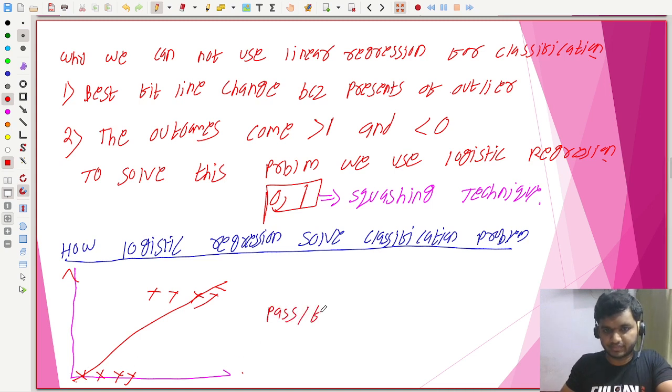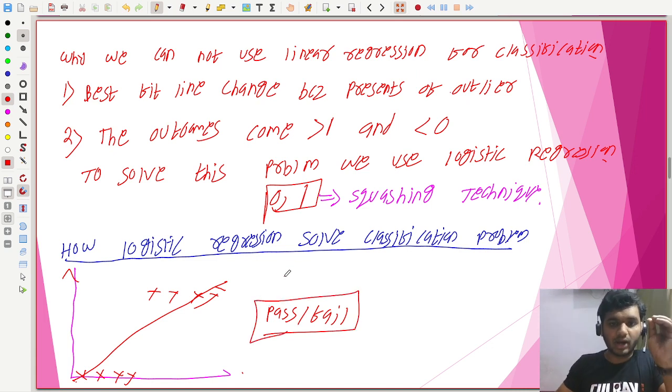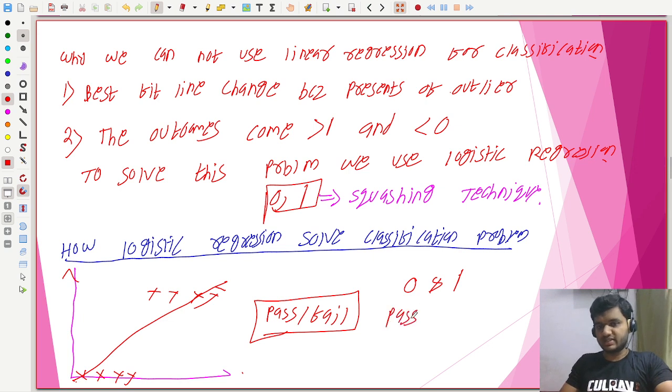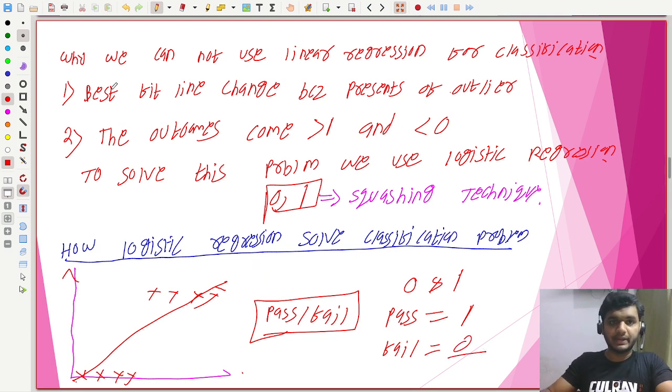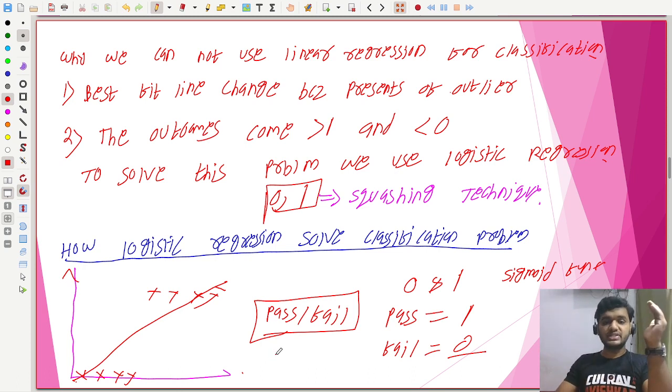If it is pass, then the output is 1. If it is fail, then the output is 0. So we will assume a function that is the sigmoid function, and by using the sigmoid function, we solve this problem with 0 to 1 form.